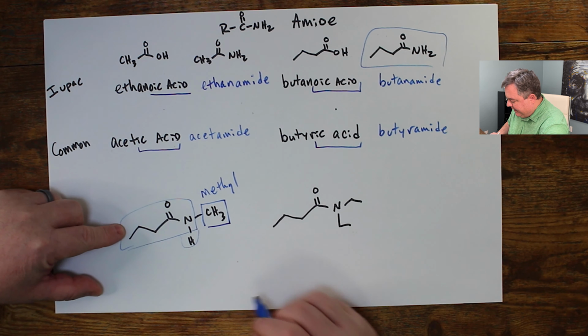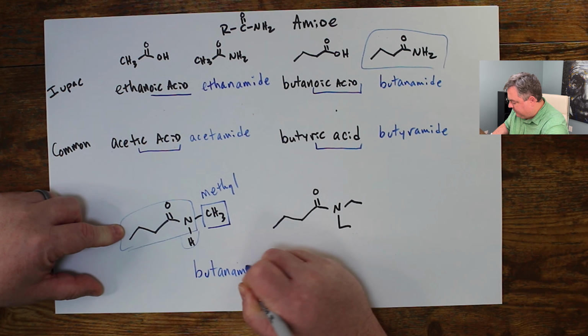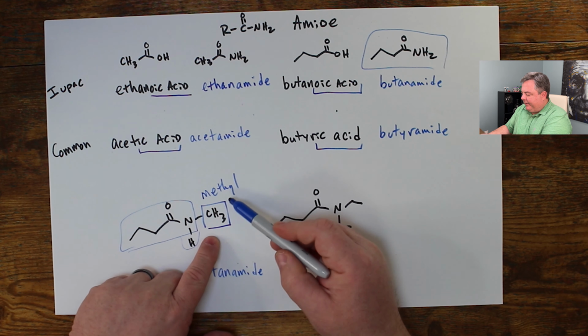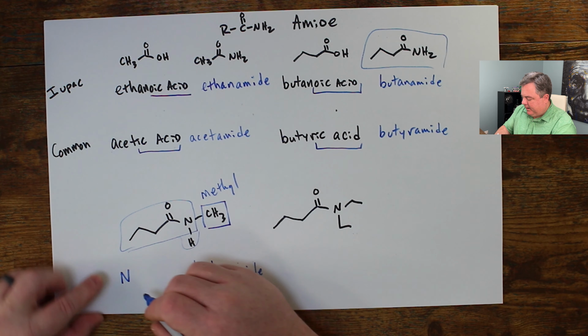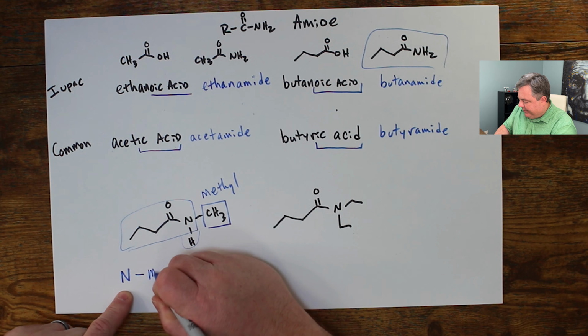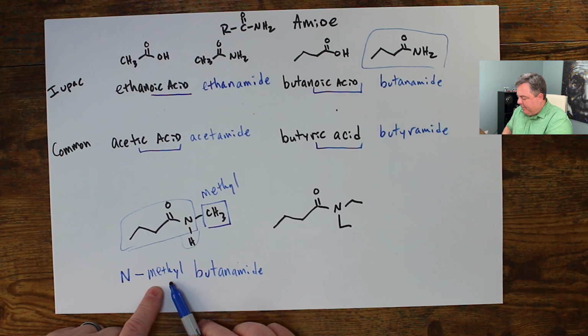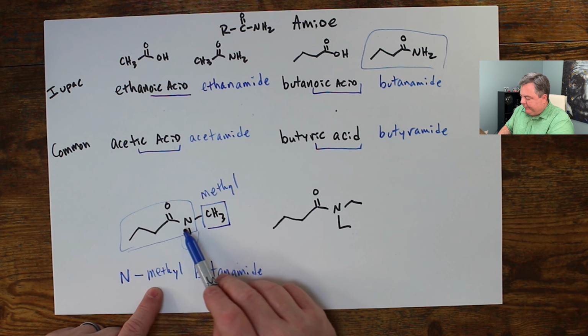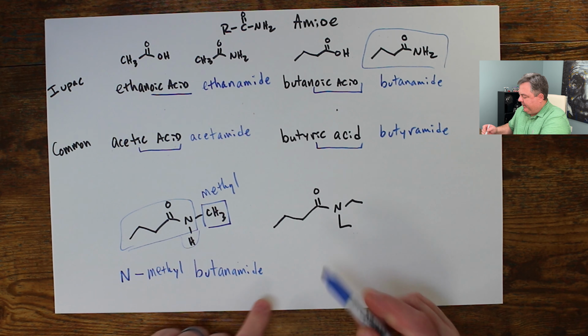So we tell somebody that this butanamide has an extra methyl group on the nitrogen by putting a capital N out there. That means this group's on the nitrogen atom. You put what the group is. So N-methyl, the methyl's on the nitrogen, butanamide, N-methylbutanamide.